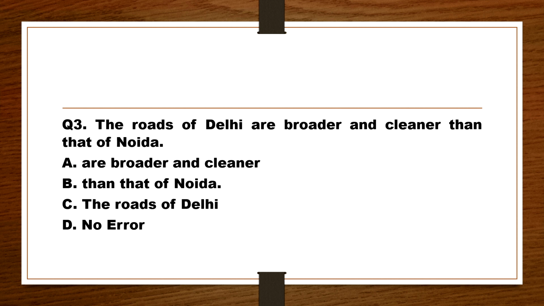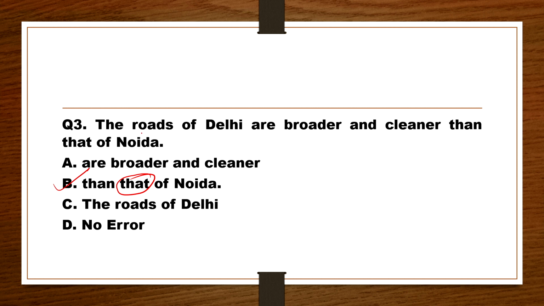Moving on, solve this one. So, is it done? Now let us check the answer. The grammatical error is in option B. Here, that is wrong. Basically, in the given sentence, a comparison is made between the roads of Delhi and the roads of Noida.